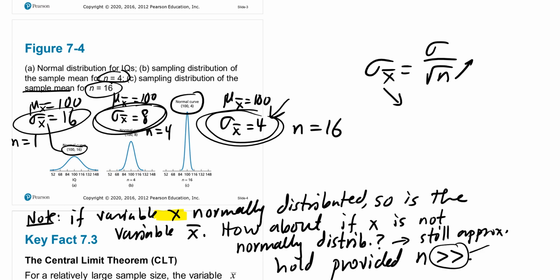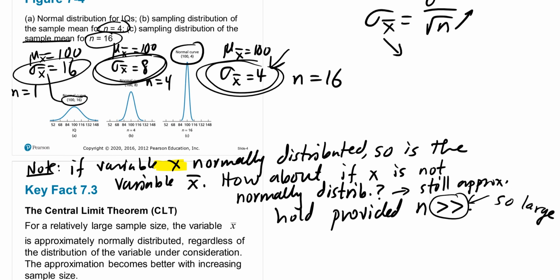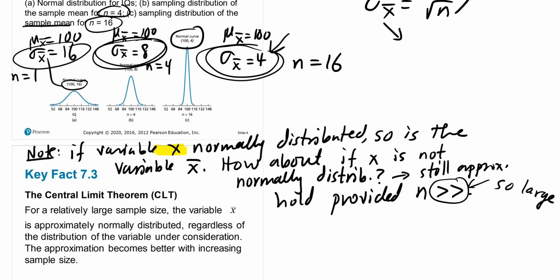So large doesn't mean 1 or 2 or 3. I'll tell you what large is. Researchers consider this the most important theorem in statistics, which says that for a relatively large sample size, meaning n is bigger than or equal to 30, keep that in mind, the variable x bar is approximately normally distributed, regardless of the distribution of the variable x itself.